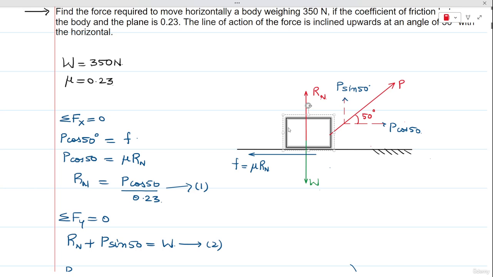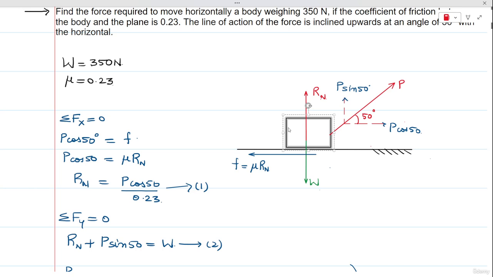Here we can see that the body is free to move in the x direction. So the force which opposes the motion, which causes some resistance in the motion, is called the friction force. Friction force is not going to constrain the body fully, remember that, but the reaction force is definitely going to provide more constraint.